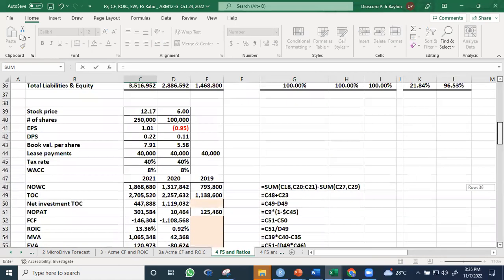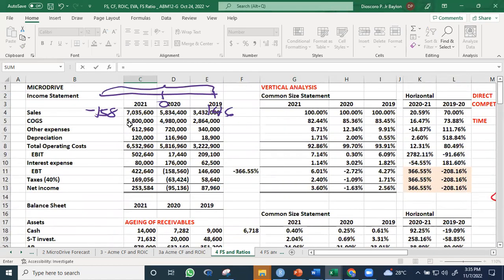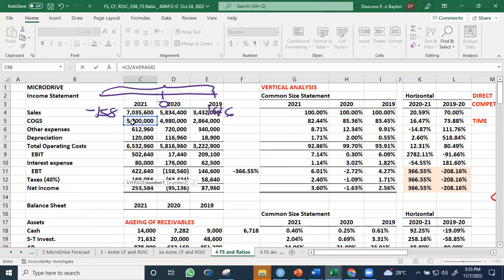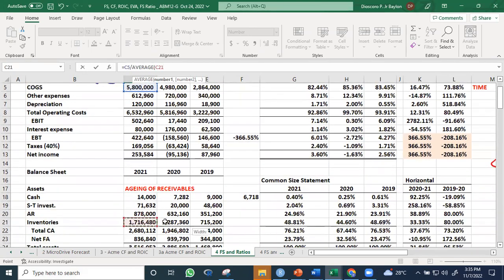So where's our cost of goods sold in the income statement? Cost of goods sold divided by average inventories. Here, there. This is the beginning and end of December 31, 2021.